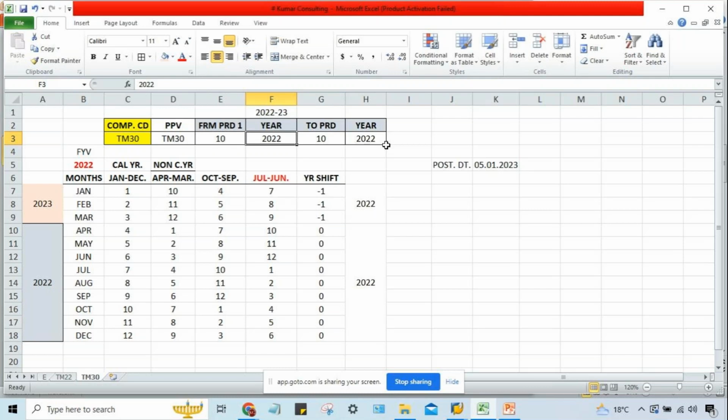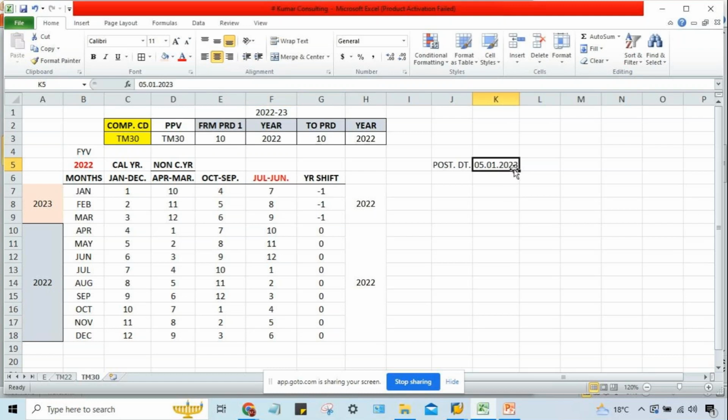But here in SAP we have used a non-calendar year, so some discrepancies are going to happen. There will be differences.